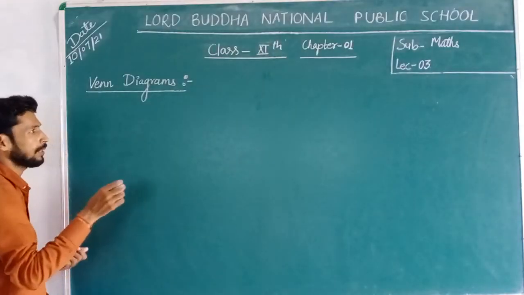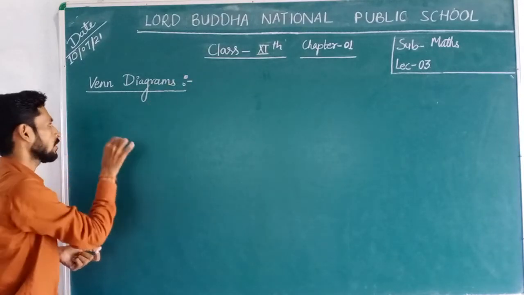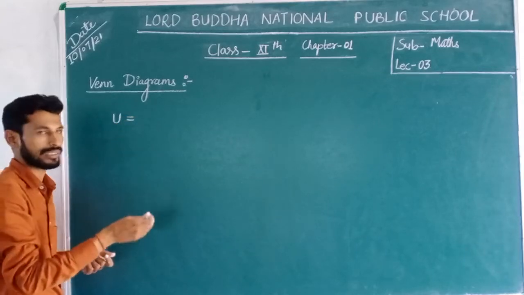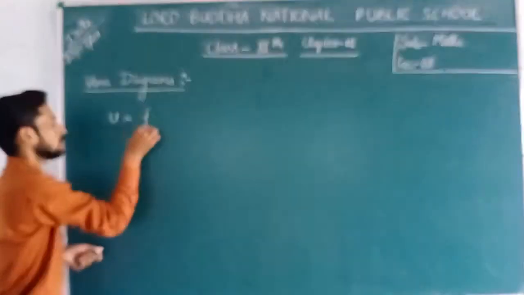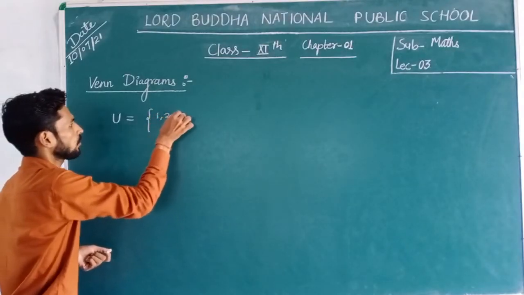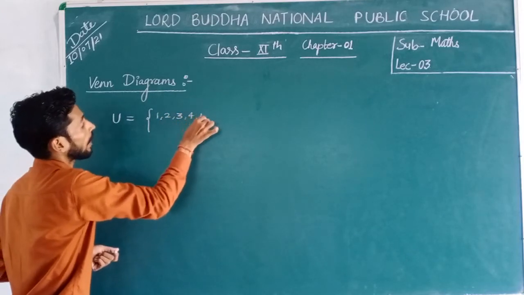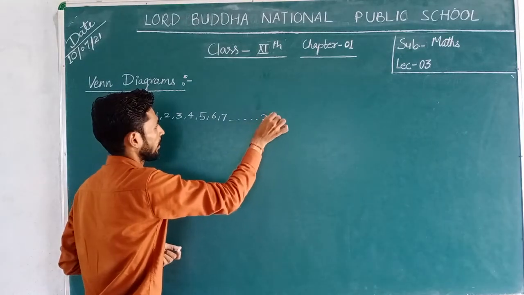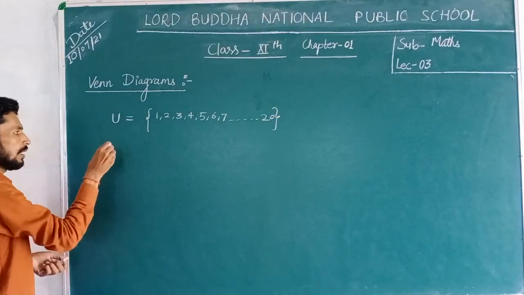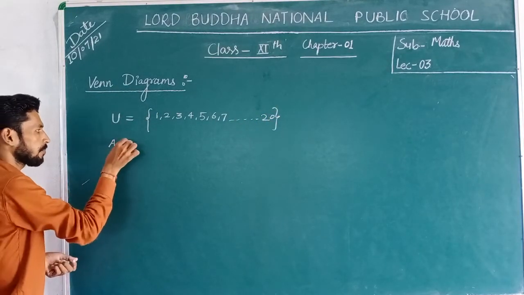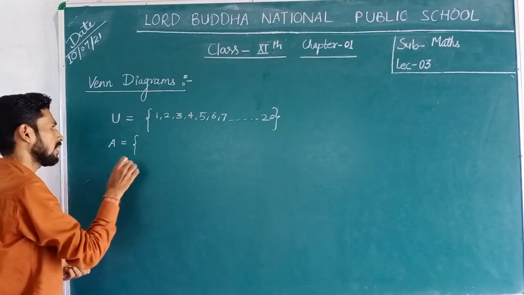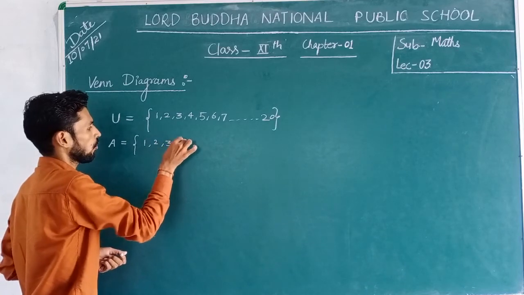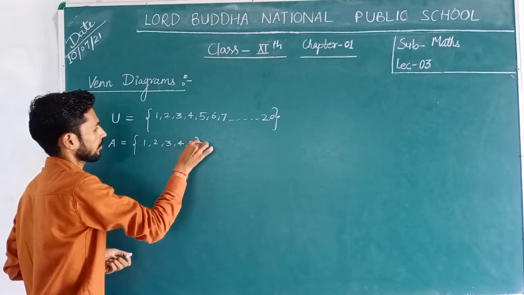Like, for example, there is U given. U means universal set, and U equals 1, 2, 3, 4, 5, 6, 7 and so on till 20. And set A has the elements 1, 2, 3, 4, 5.